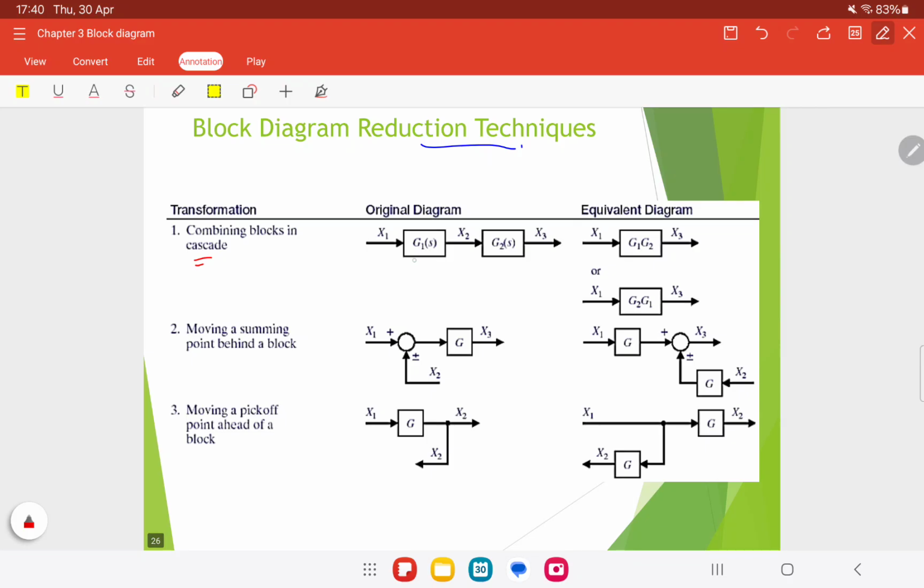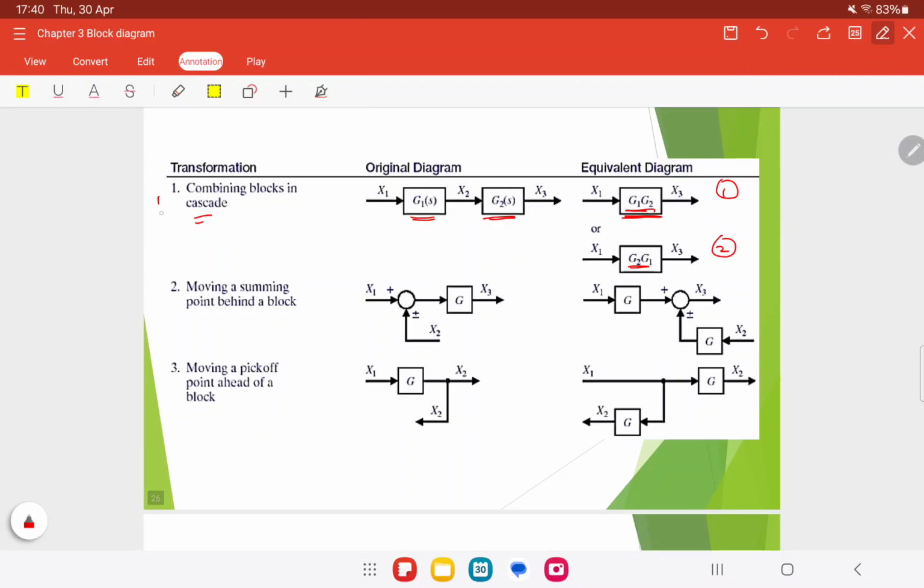So let's say if we have two blocks like this, G1 and G2, we can cascade them. This is 1 and this is 2. It is the same, you can write it like this or like this. It's like 4 times 2 equals 8 or 2 times 4 equals 8 also. This is the first way. There are several ways, so we can use any of them. And remember, all these ways you need to remember, if asked you must memorize them. We will not give this table.